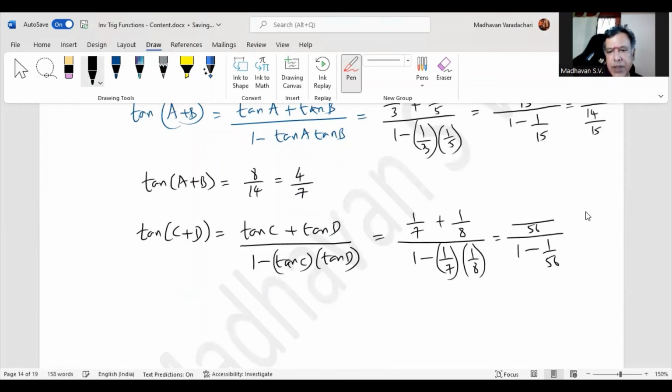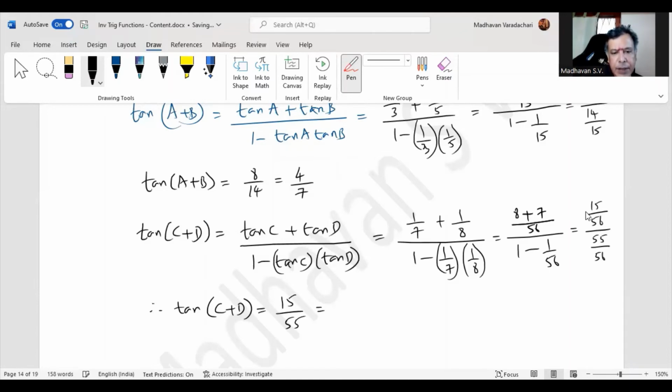Here LCM is 56, so we will have 8 plus 7 in the numerator. So this will become now 15 by 56, and this is 55 by 56. So therefore, tan C plus D is nothing but 15 by 55.